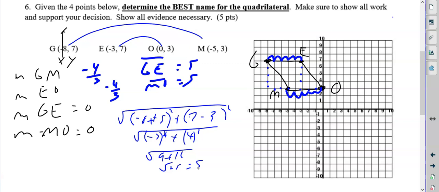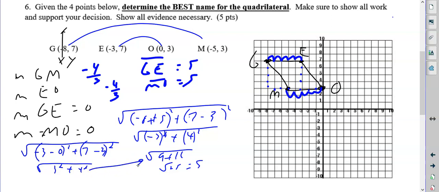Now we do EO. Negative 3 minus 0 squared plus 7, again, minus 3 squared. That ends up being 3 squared plus 4 squared, which is the same thing. So 9 plus 16 is 25, square root is 5.